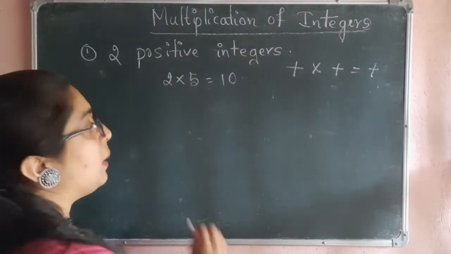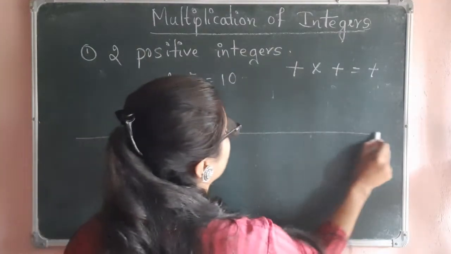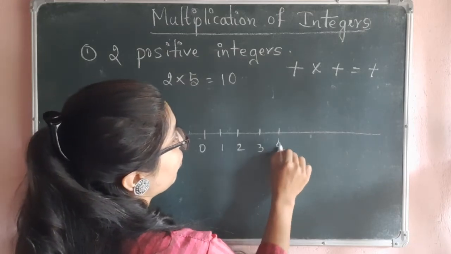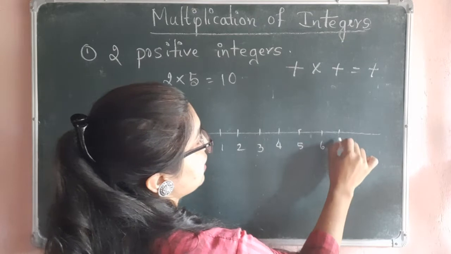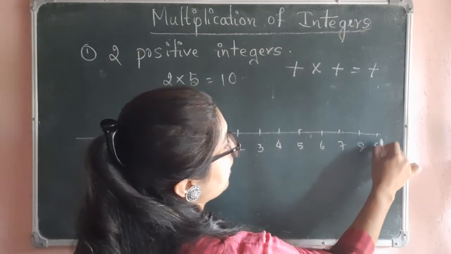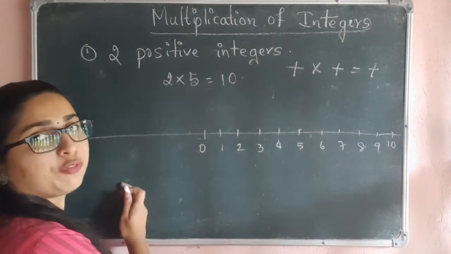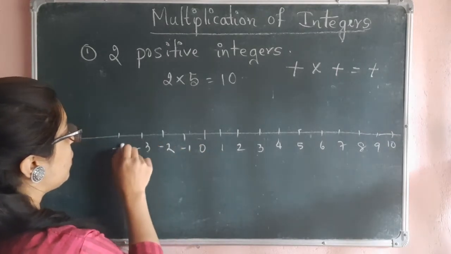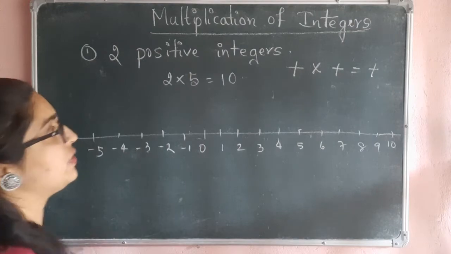So let us take a number line. 0, 1, 2, 3, 4, 5, 6, 7, 8, 9, 10. And you know, to the left of 0, you have negative numbers. Minus 1, minus 2, minus 3, minus 4 and minus 5.